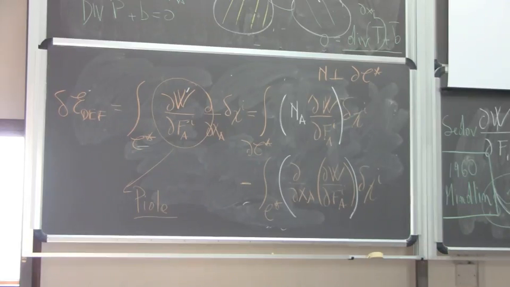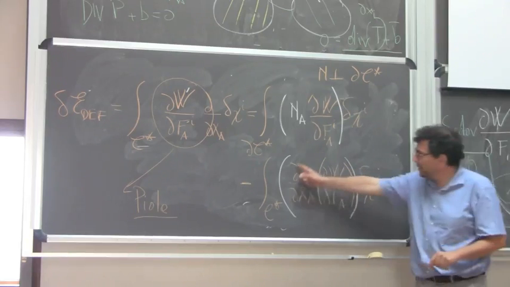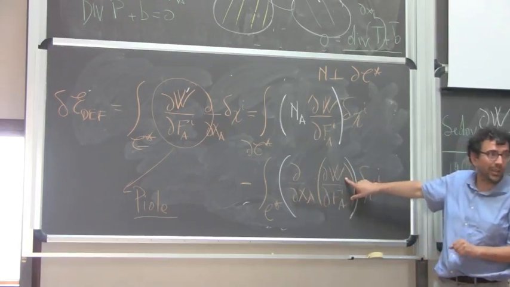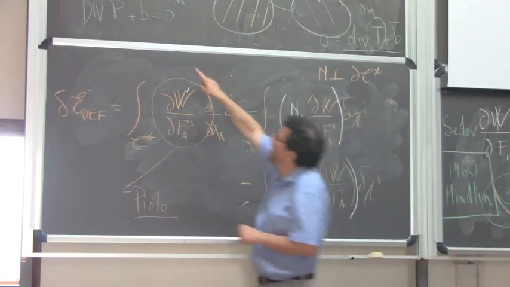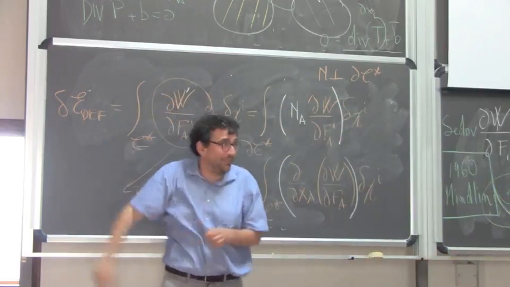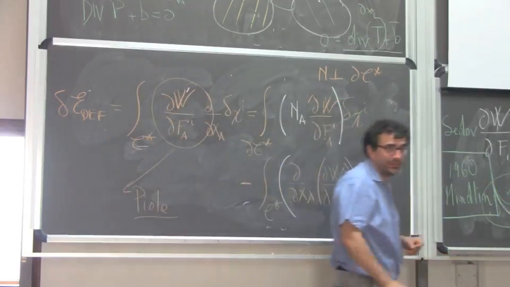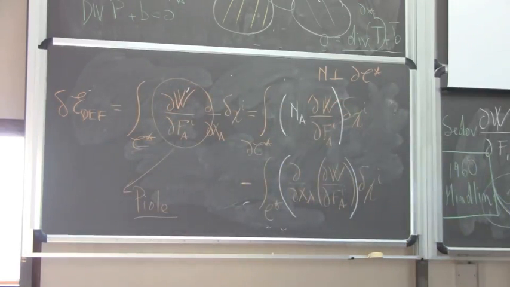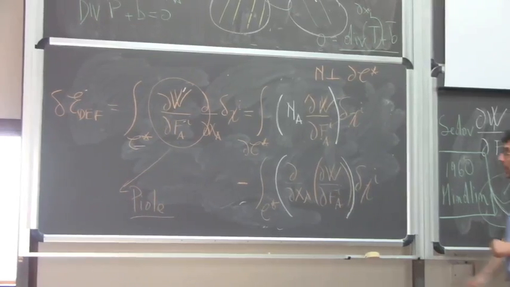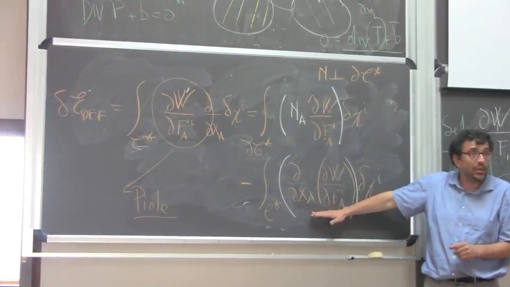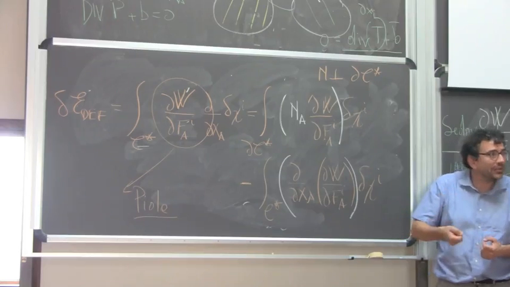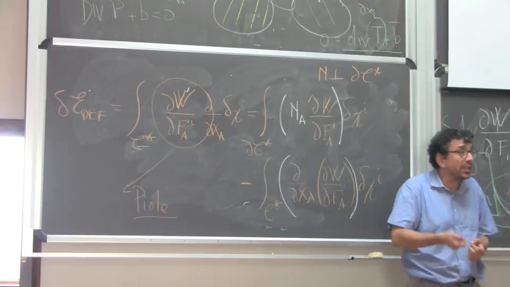Okay? By the way, in a particular case of W, the equations I wrote there are called Beltrami-Mitchell equations. The equations of equilibrium, a strong form of equation. So, if you integrate by parts, you must have more regular fields.